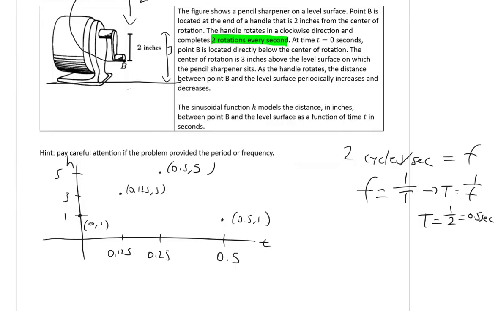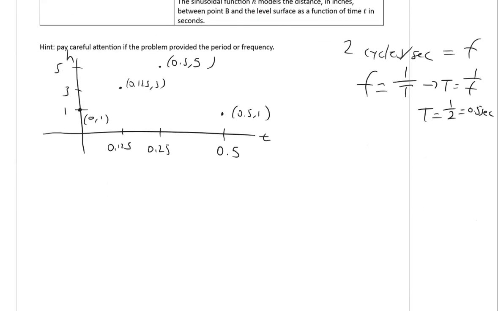Okay. All right. So what's the amplitude? Or let's get the midline first, actually. What's the midline? By the way, this is how it's going to look again, something like that, right? The midline is 3. Amplitude is 2. How much it swings up or down from the midline? So to go from 3 to 5, that's 2.